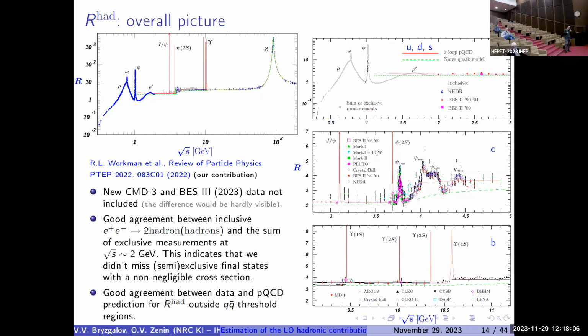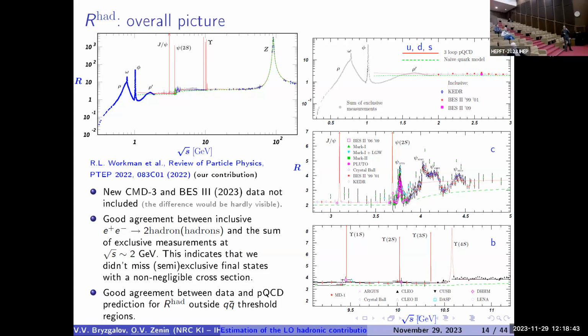So these plots were prepared for the Particle Data Group. In any case, the question in fact also appeared because this year at the Lomonosov conference, I heard the talk of a representative of the BESIII collaboration, who claimed that in the high energy region they are getting a result for the R ratio which disagrees with the perturbative QCD prediction.